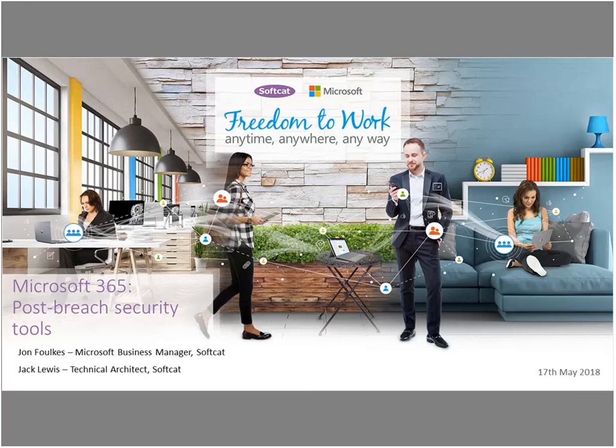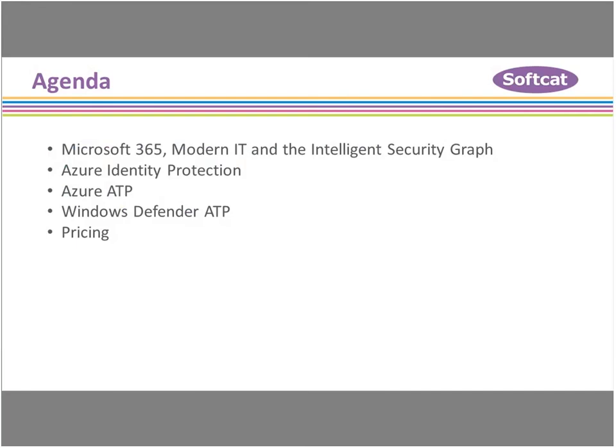So if I can just go through the agenda items quickly. What we're focused on today, Jack and I, are key areas of the Intelligent Security Graph from Microsoft. This underpins the global telemetry that Microsoft can use and customers can act on in terms of security profiles and breaches that happen, and this is developed and made available globally to customers. Unlike any other vendor, Microsoft has a position here that's unique.